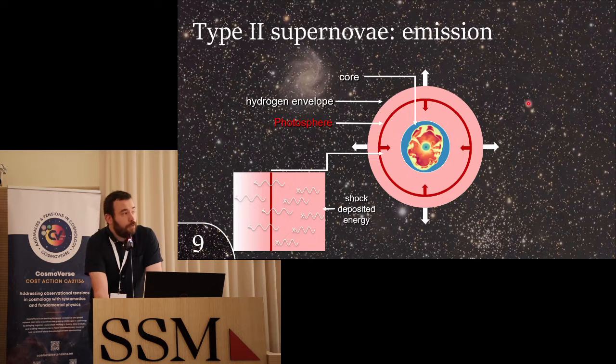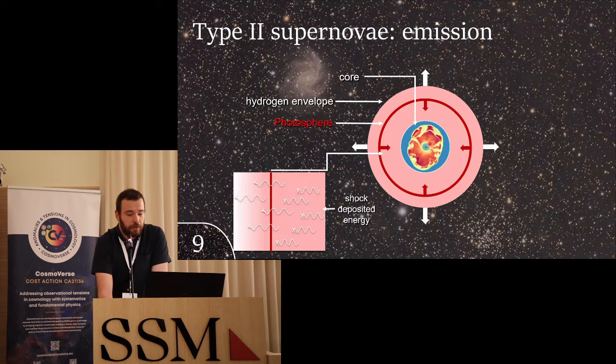To give you a basic idea, this is a schematic picture of what happens in a type 2 supernova when it explodes. You have the core, where the neutron star is forming in the middle. This is where the shock is being deposited into the ejecta, which is pushing the material outside.